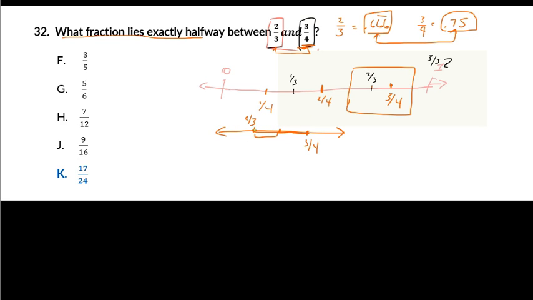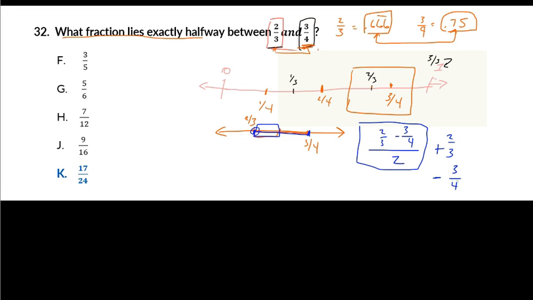Visually, you could measure this distance and then divide it by 2. So you could do 2/3 minus 3/4 divide by 2, and that would tell you the amount of distance to either add on to the smaller, the 2/3 number, or you could take the halfway amount and subtract it from 3/4.